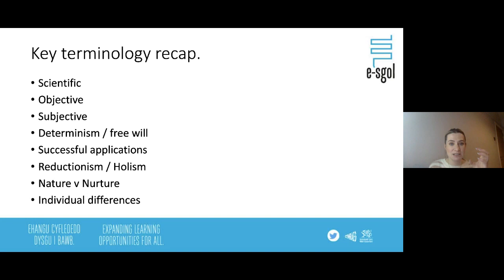Okay, so that's first key terminology, scientific. Similar to the word scientific, you have got objective. And again, objectivity means that it's not open to interpretation. Now, again, with Rain's research, he used that cortical peel and box technique, where he was able to see on the PET scan areas of the brain that were very active and areas of the brain that weren't very active.